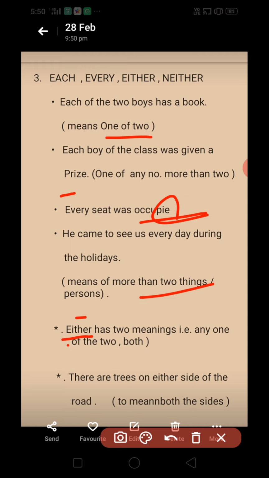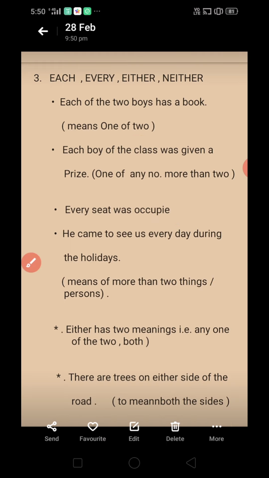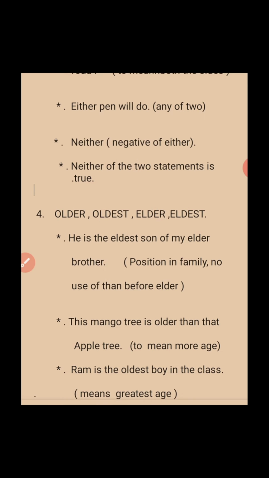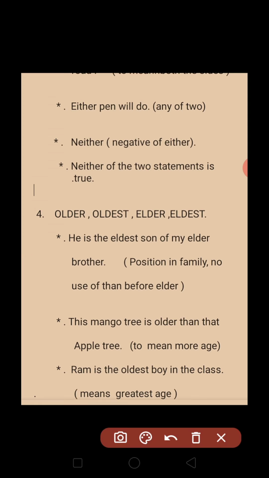There are trees on either side of the road. So either side means on both sides of the road, trees are available. Then look at this sentence: either pen will do.